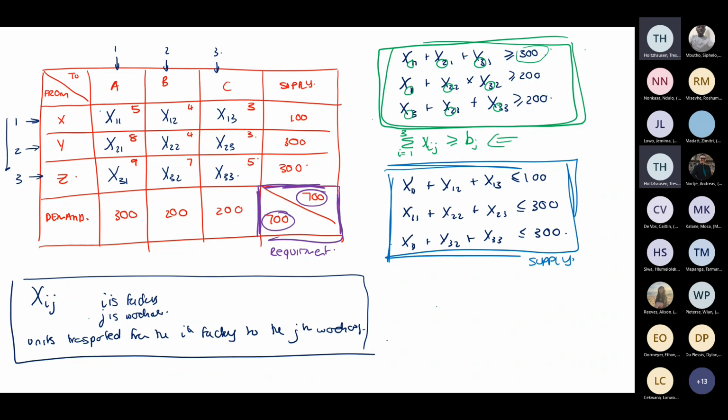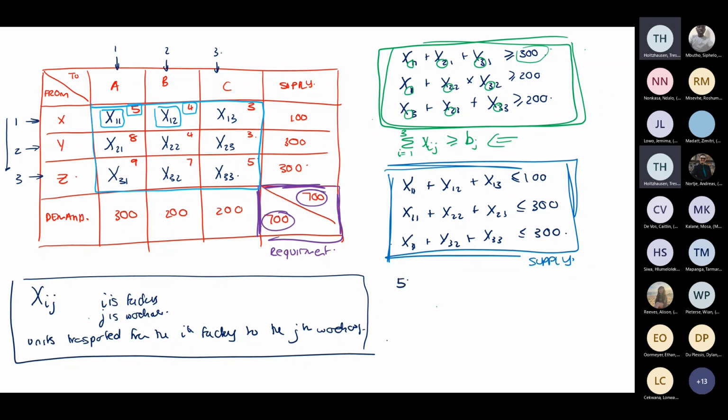We have the units for everything there, and the cost of transporting one of the units sitting over there, and it continues for the entire table. So we actually have that objective function equation sitting there in the middle of our table.